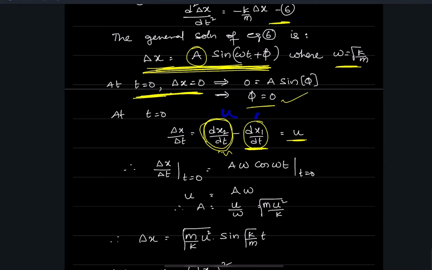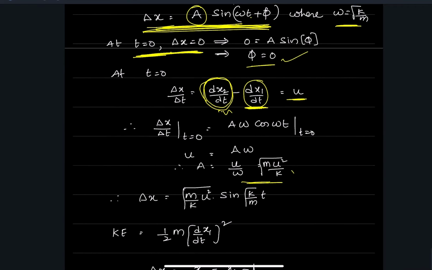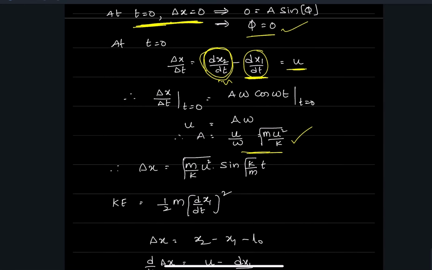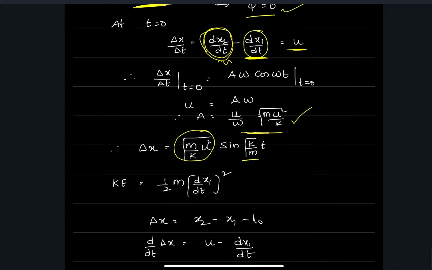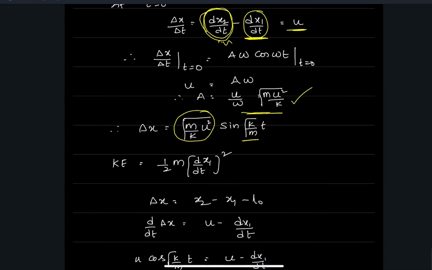So I got u is a omega, so a is u by omega, and omega is root k by m. If I do the substitution, I got a as root m u square by k, and then delta x is root m u square by k sin root k by m t.